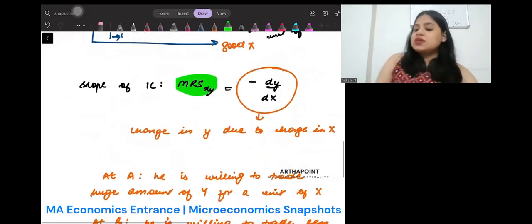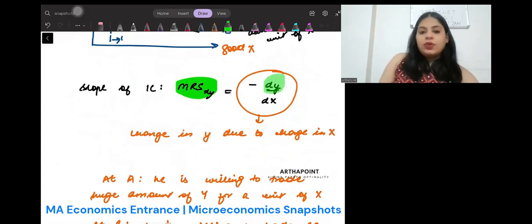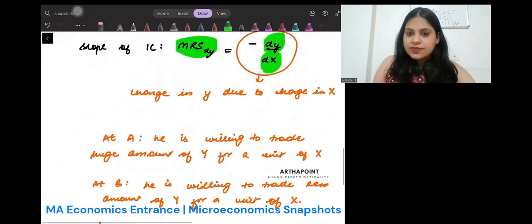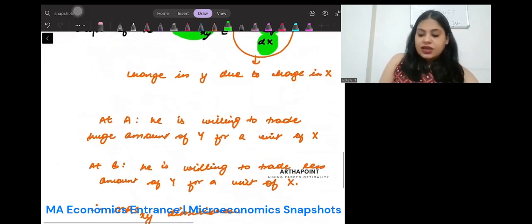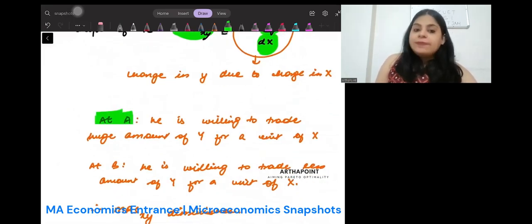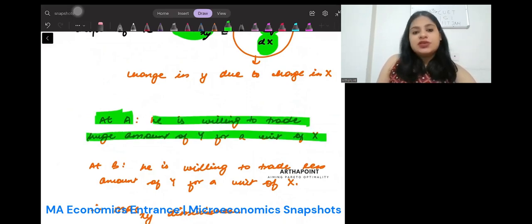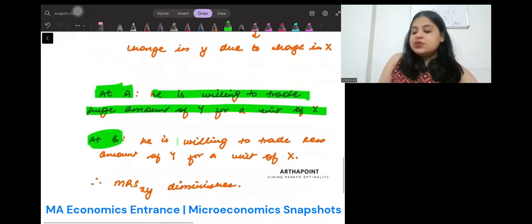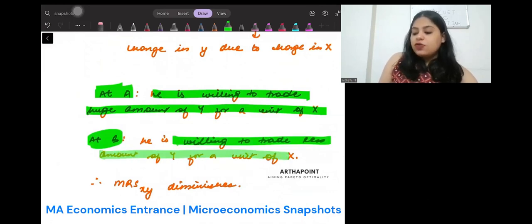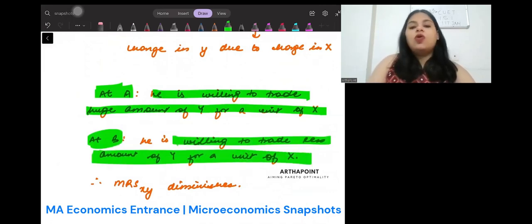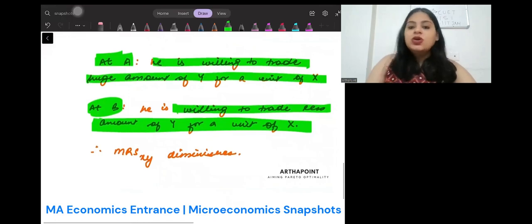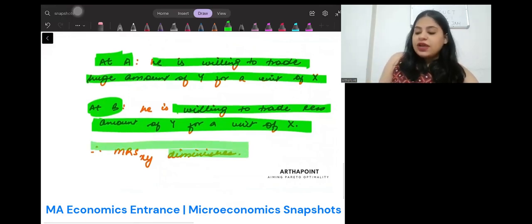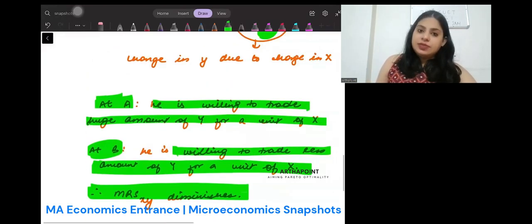It basically tells us how much of good Y you are willing to give up for an additional unit of good X. At A, he is willing to trade a huge amount of good Y for an additional unit of X. At B, he is willing to give up a smaller amount of good Y for an additional unit of good X. So as you move from A to B, MRS diminishes.